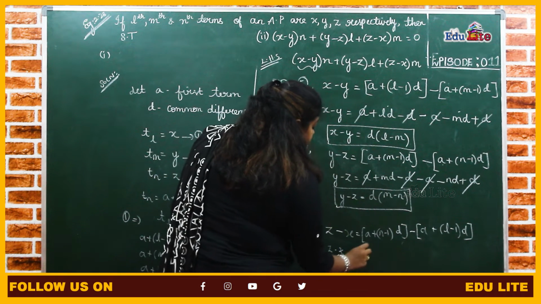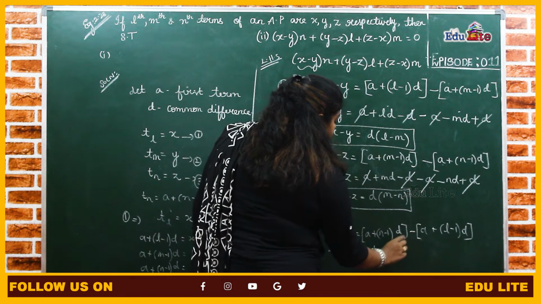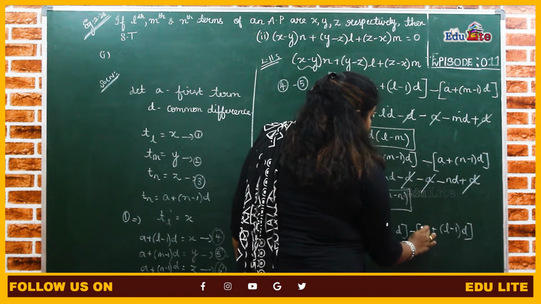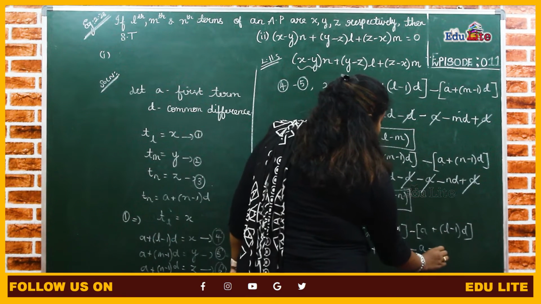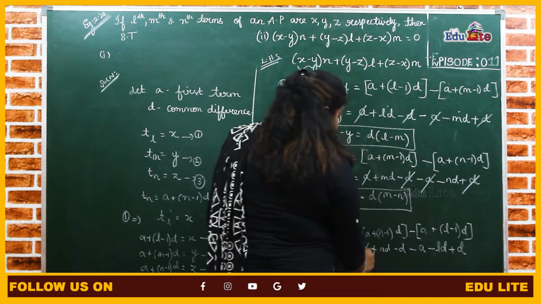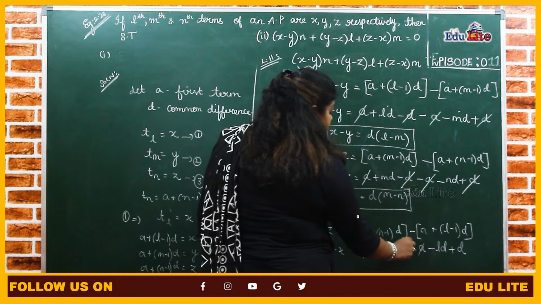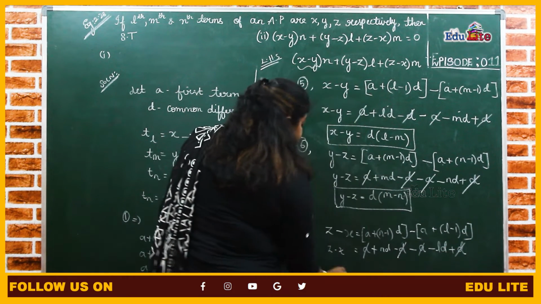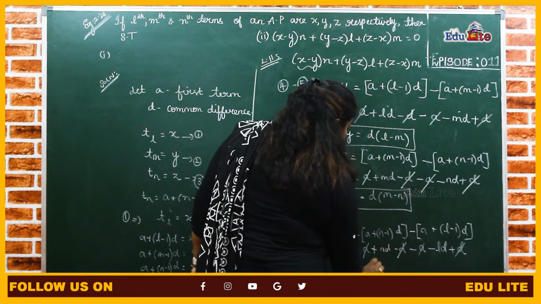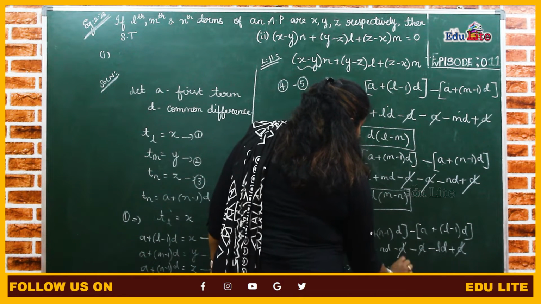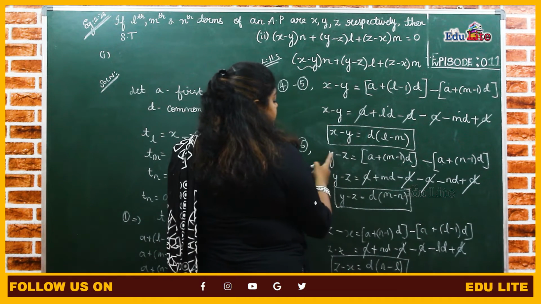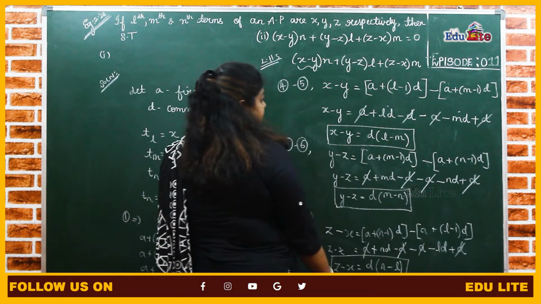Z minus x is equals to a plus nd minus d minus a minus ld, minus into minus plus d. So plus a minus a will get cancelled, minus d plus d will get cancelled. Z minus x is equals to, if we take d in common, we will get n minus l. So thus we got the values of x minus y, y minus z, z minus x.